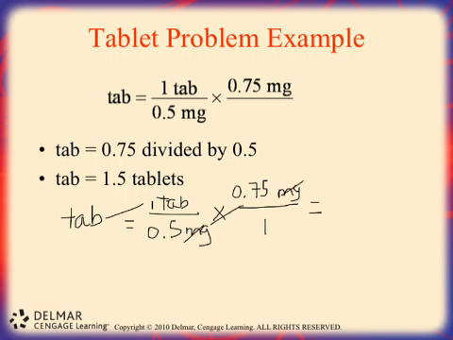So we cancel out our milligrams, and we also need to get rid of our decimals, so that would make this 50, this 75, and then we know 5 goes into 50 10 times, and 5 goes into 75 15 times, and we end up with 15 over 10 equals 1.5 tablets, because tablets is what we have left.